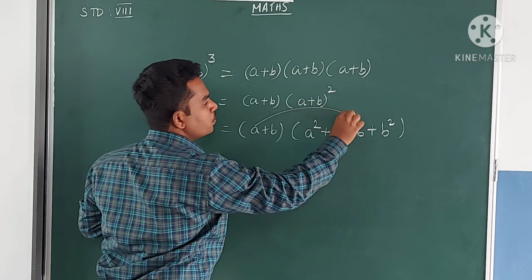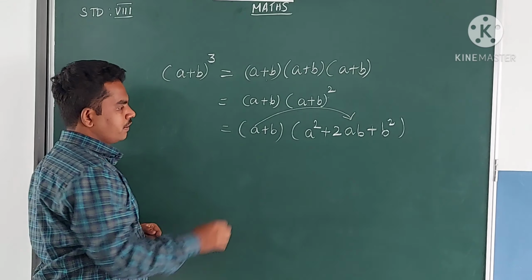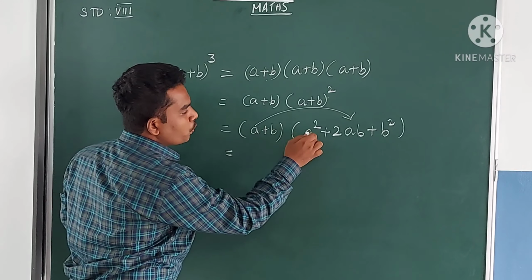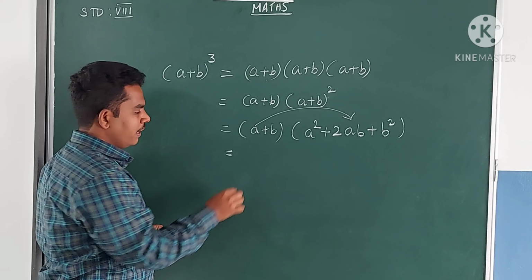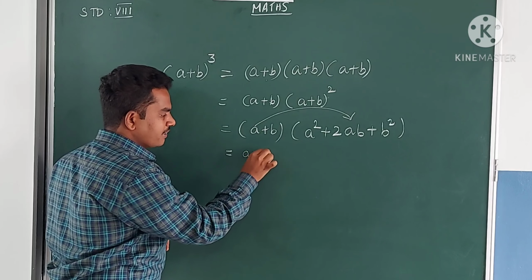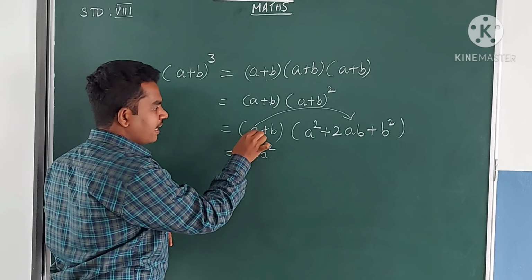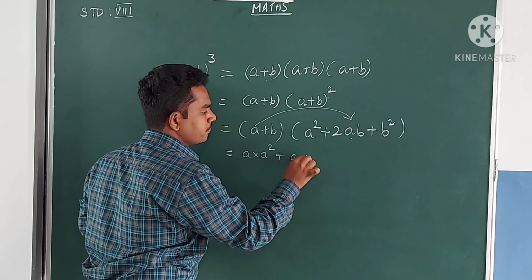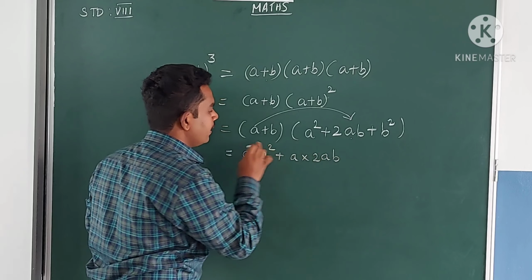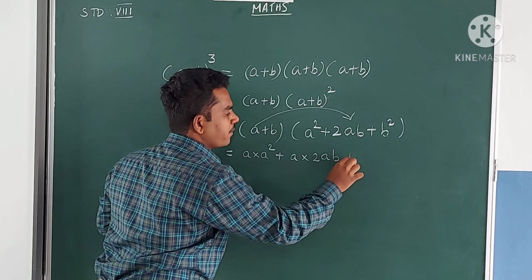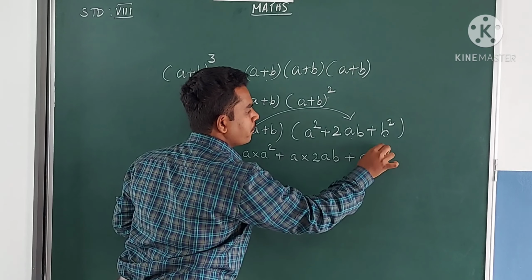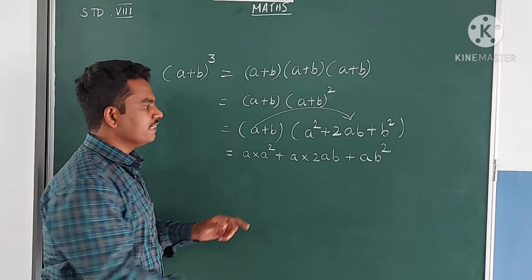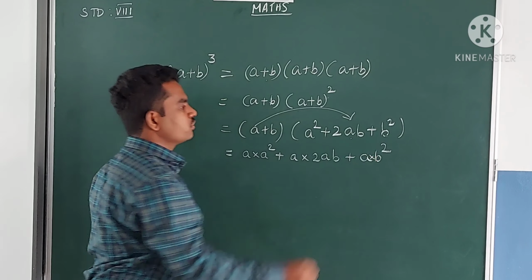First term into the full term. So, a into a square. Next, a into 2ab. Next, a into b square, so it is written as a into b square.